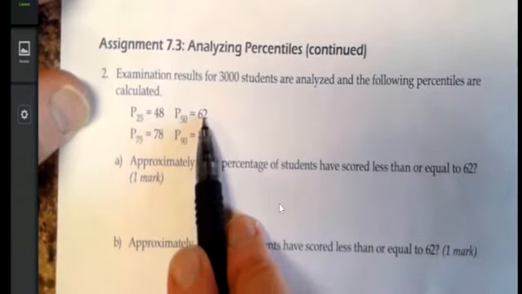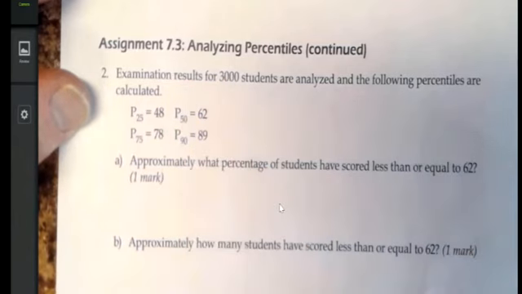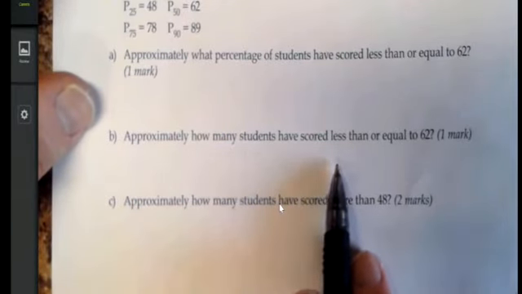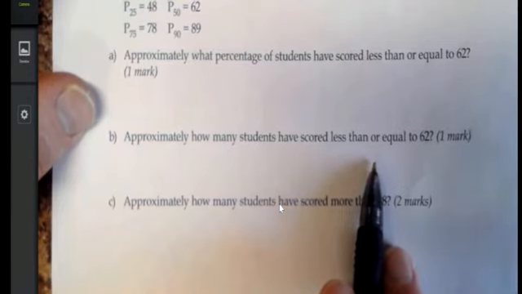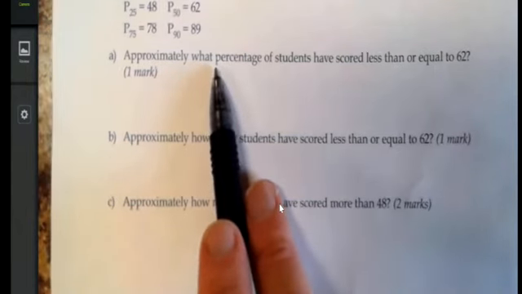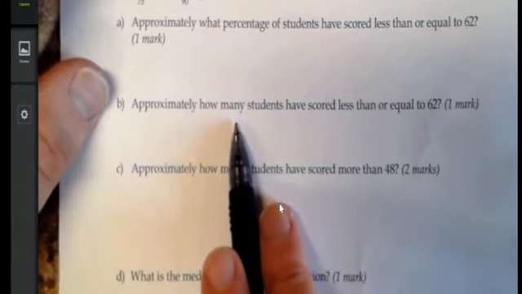That's here. 50%. So just simply find 50% of 3,000, and that's what you do each time. How many students scored less than or how many students? So here you just write the percent. That's easy. 62%. Here you calculate the actual number of students.